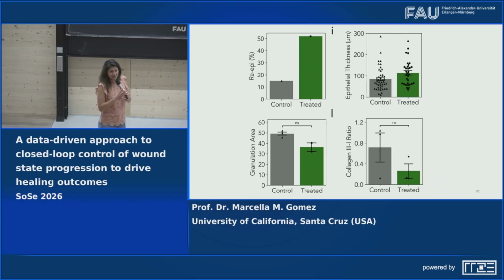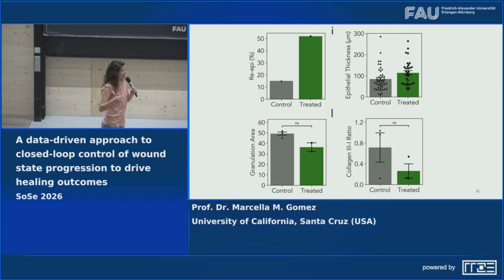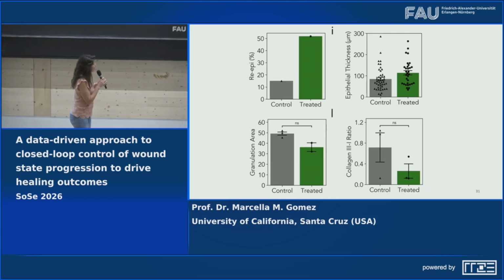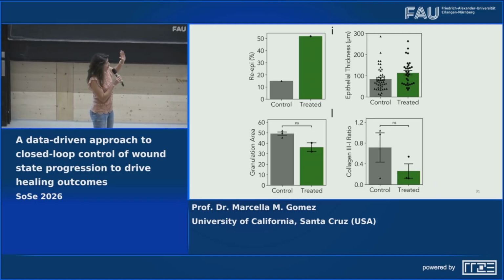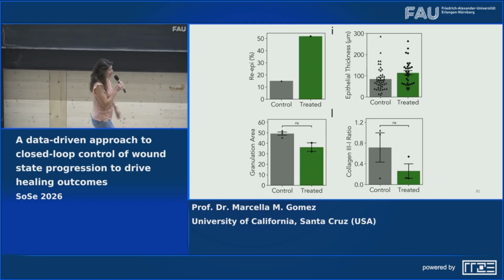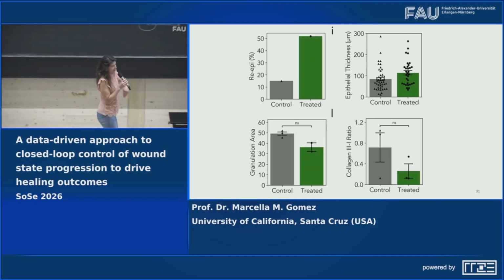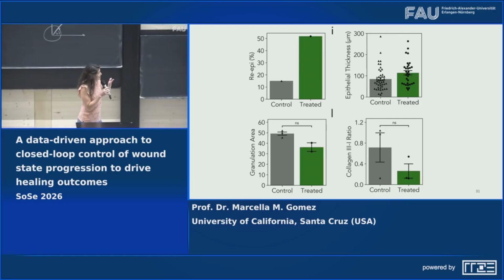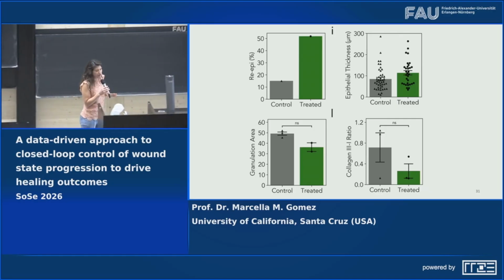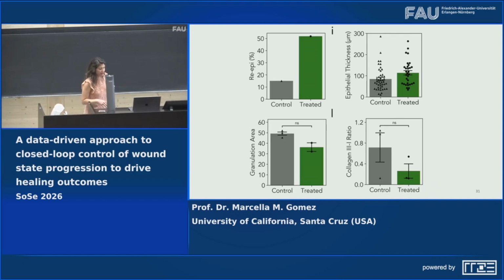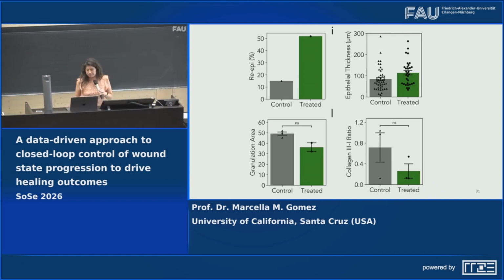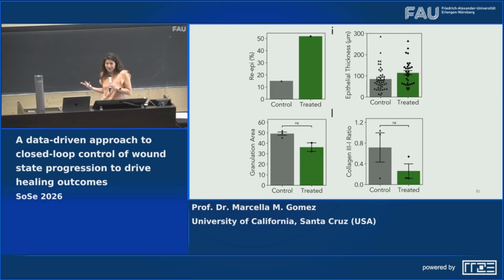Re-epithelialization percentage is how far the skin cells have moved in. So we can see that all of our tissue analysis indicates that the bandage did help to accelerate our wound closure by about 30%, give or take. So not perfect, it's a proof of concept.